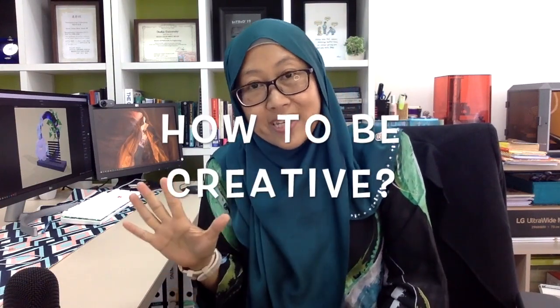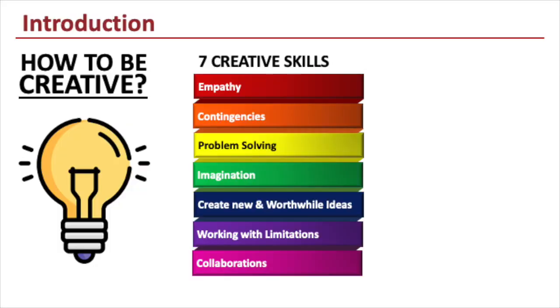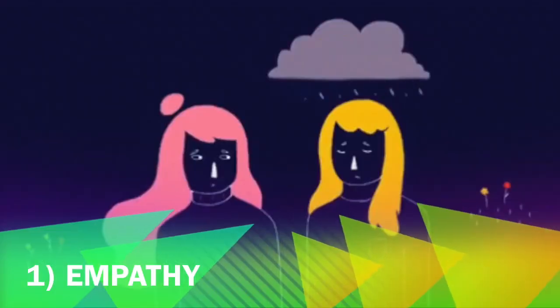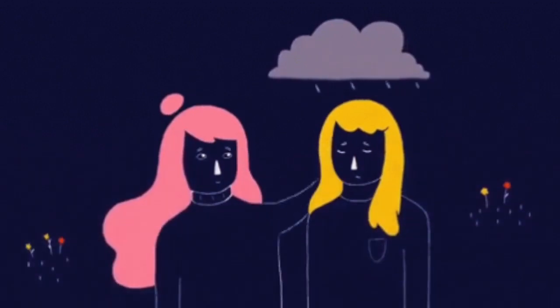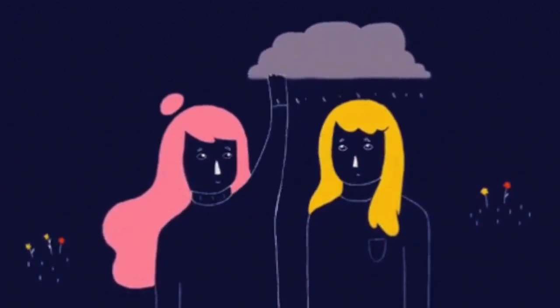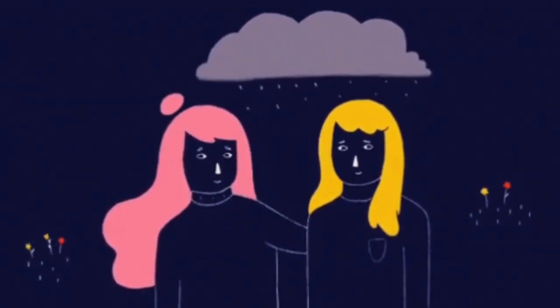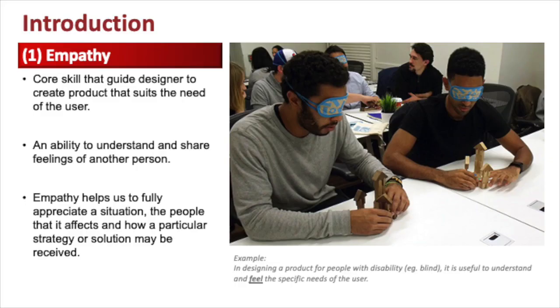Theoretically, there are 7 sets of creative skills that you can develop. We will look into them one by one. The first creative skill is using empathy. Empathy is the feeling, the experience of the user. It is a core skill which guides designers to create products that suit the needs of the user.